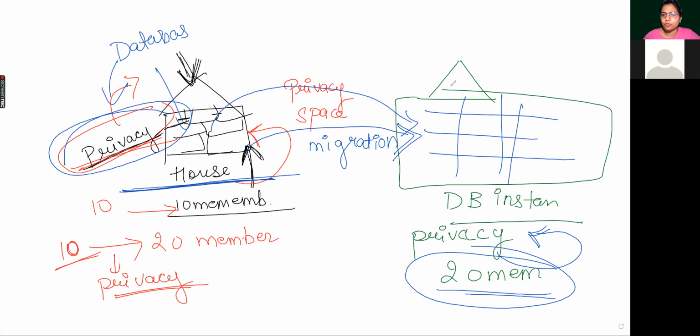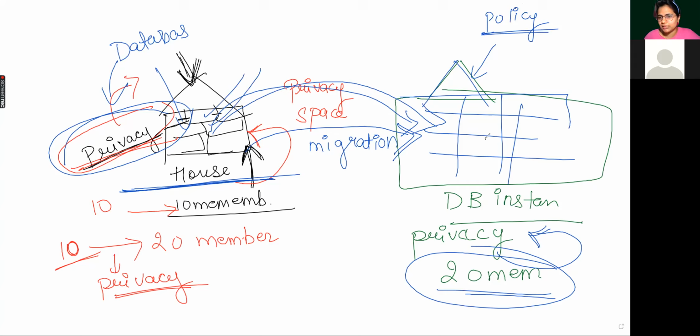So for that we have to create a new database instance and apply all the new policies on it, and then we can transfer all our data from the previous database to this database, so that our policy requirement of privacy, or encryption, you can say, is satisfied. Getting it? Clear?